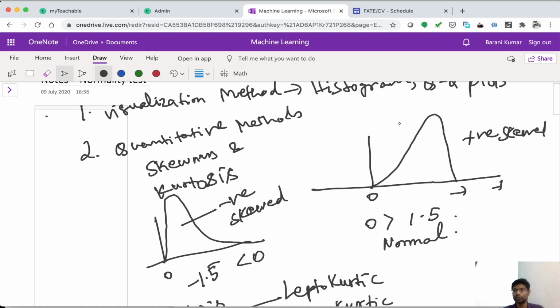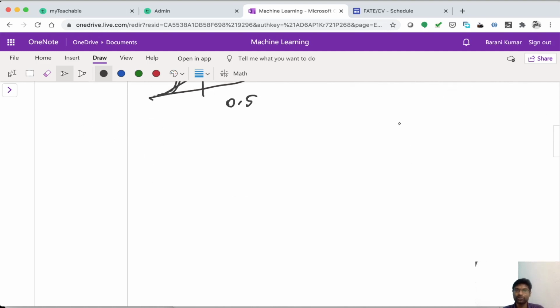Next, the other one is the QQ plot. What a QQ plot does is, for every value we have in our data, the PDF values are converted into a different scale such that they get plotted along a straight line at an angle of 45 degrees.